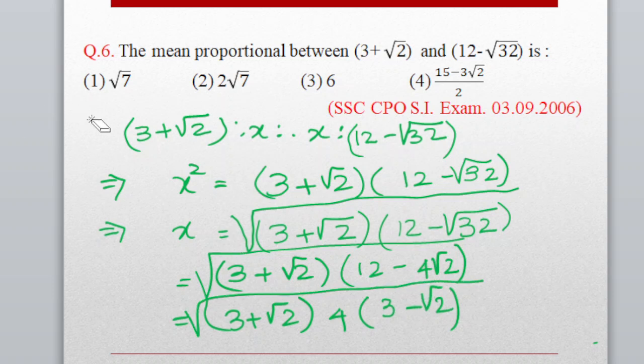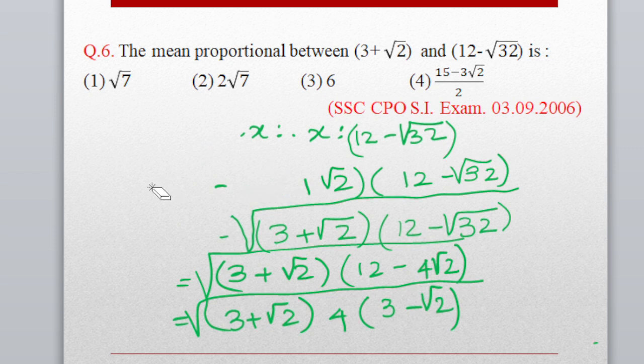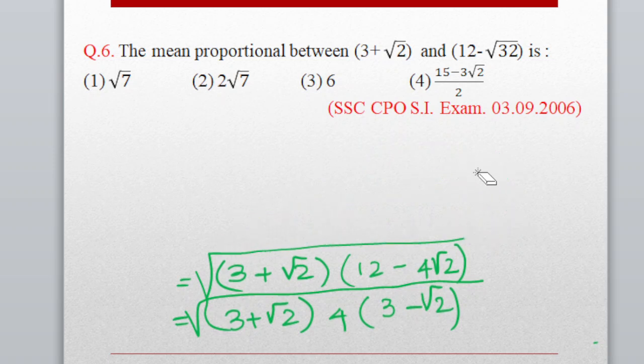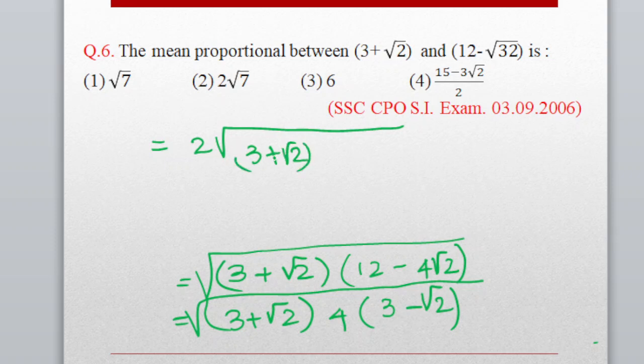Now root over 4 is 2, so it can be written as 2 root over 3 plus root 2 into 3 minus root 2.